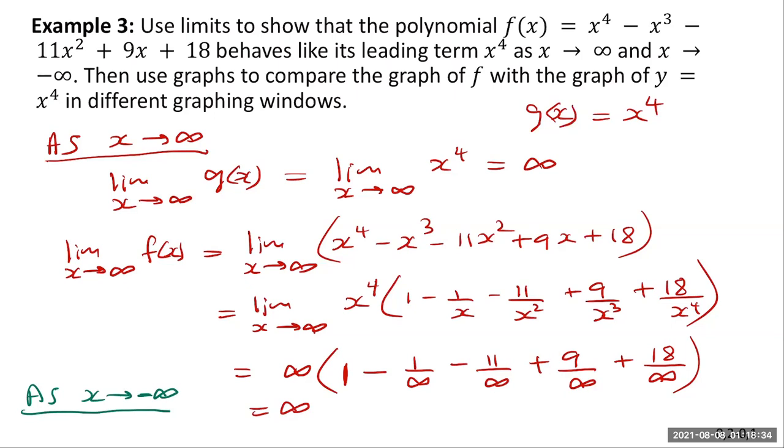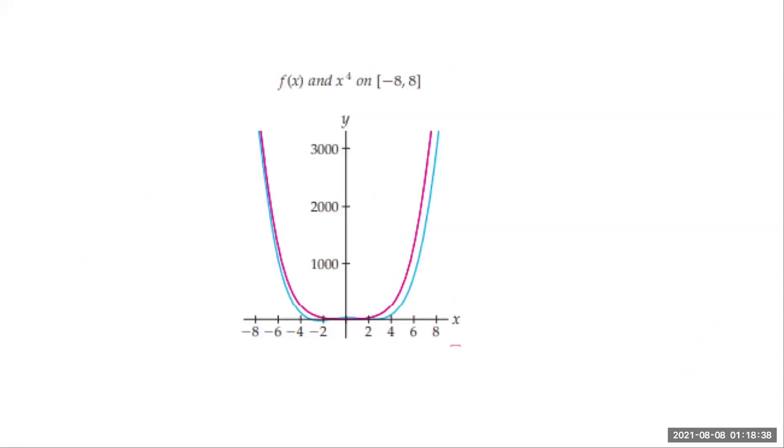Finally, we are asked to compare these results using graphs. Here is the graph. As you can see, this is the graph of x to the power 4, and this is the graph of the other one, f of x. As you can see, they are almost together for large x values, either large negative x values or large positive x values.